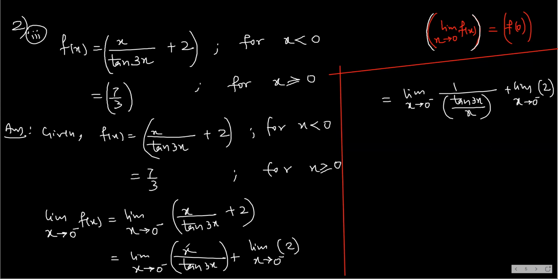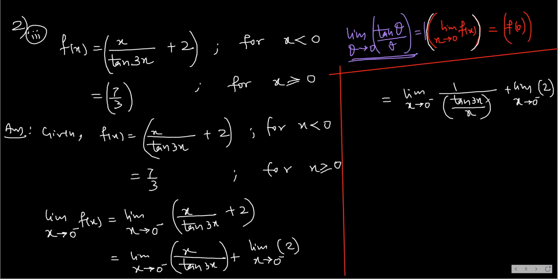Because when x is approaching 0 from the left, the numerator is going to 0. In the denominator, it is 3 times 0, which is 0. Tan of 0 is 0. So what are you having? You are having 0 by 0. And when you have 0 by 0, you will use the result: limit theta tends to 0, tan of theta upon theta equals 1. Do you remember that?